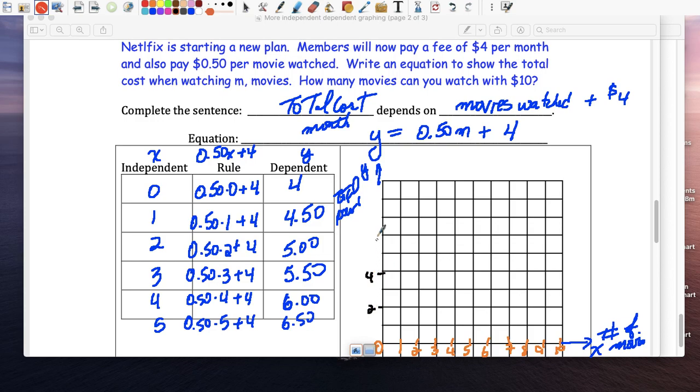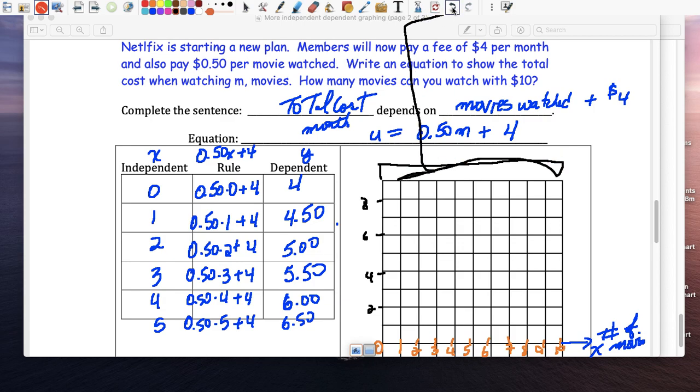And then I'm going to make one more line here. Erase that, 6, 8, and then I'll add one more line. Okay, and that'll be my 10.